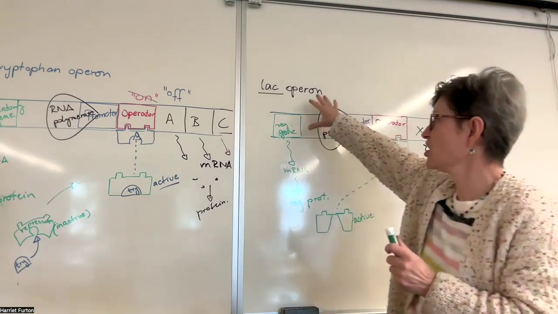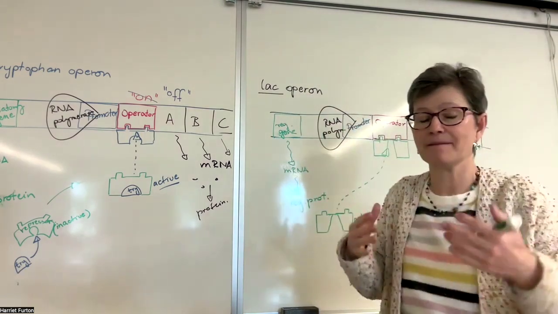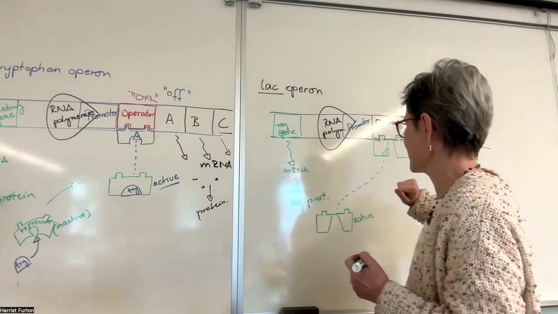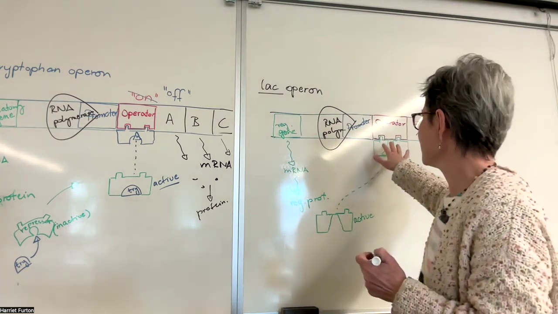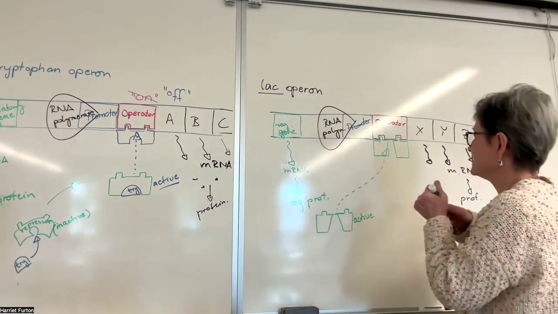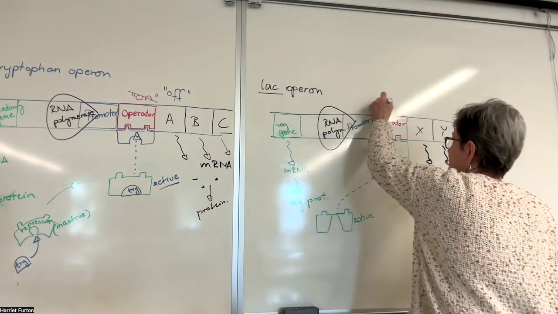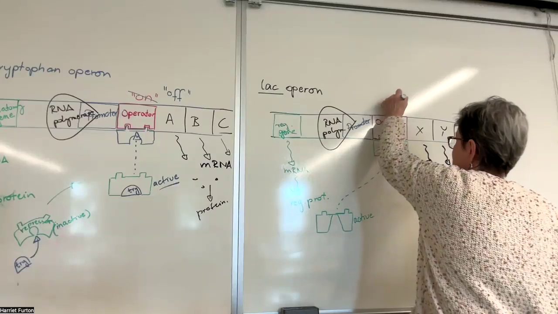So the lac operon will not make any messenger RNAs. At this point, it is inactive. This is in the off position normally.